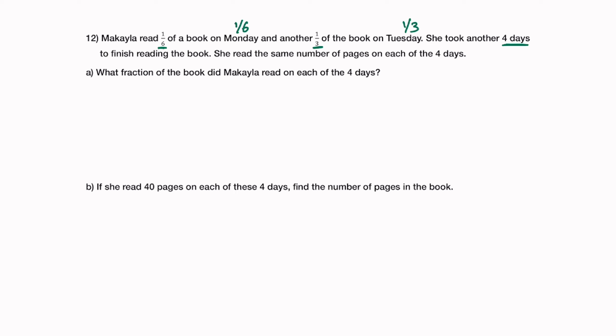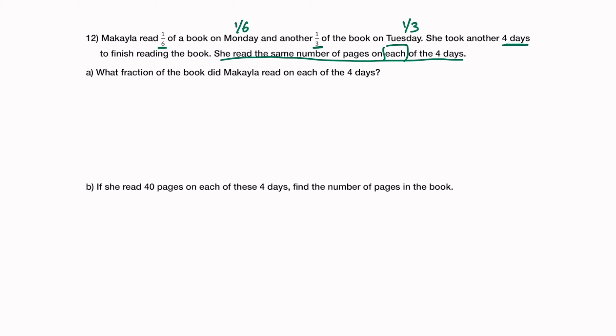She read the same number of pages on each of the 4 days. It's very important. So if she reads 10 pages on the first day, she reads 10 on the second, 10 on the third, and 10 on the fourth day. So they are the same number of pages. Okay, this word each is very important here.